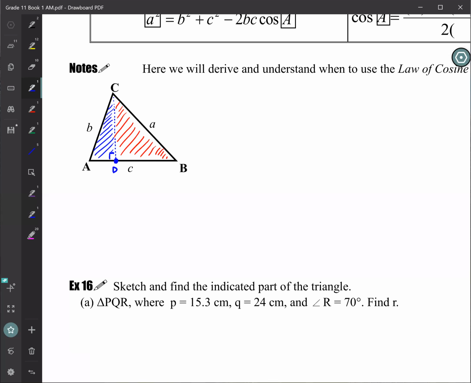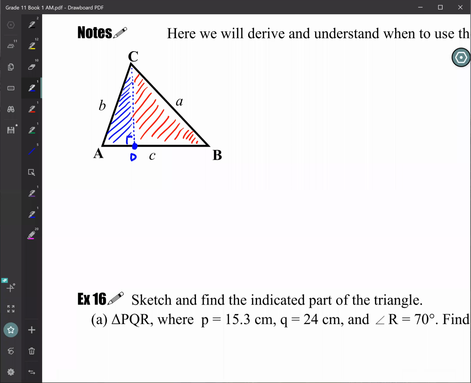So now we'll first focus on the blue triangle, okay? So everyone look at the blue triangle now. We'll start with angle A, okay? So look from angle A, I want to write out a sine, okay? So step one, sine of angle A. Sine is opposite over hypotenuse.